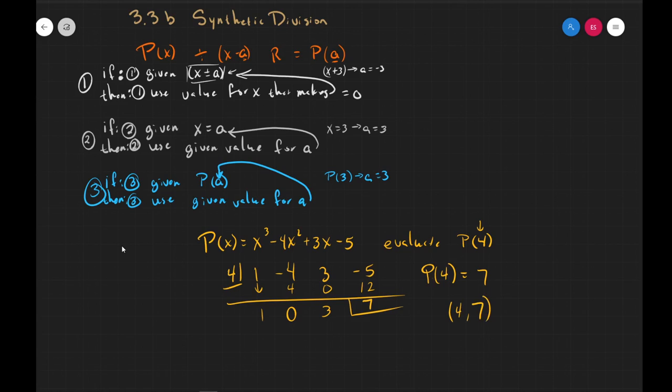So that is synthetic division. You'll be using that today, and interesting things happen when our remainder is 0. If our remainder is 0, neat things happen. We'll talk about what those are in the next video.